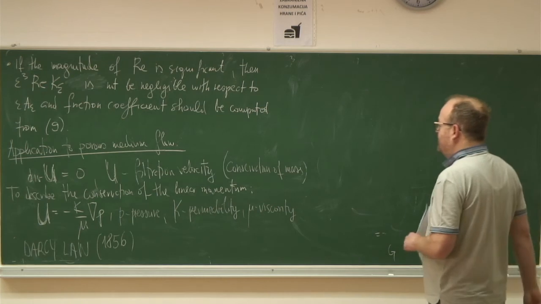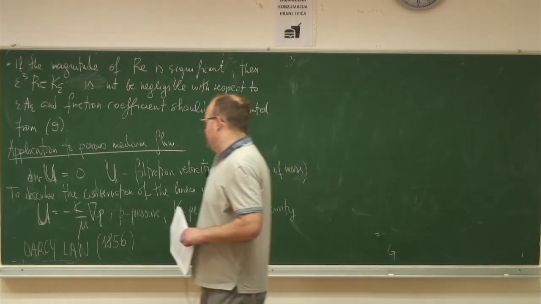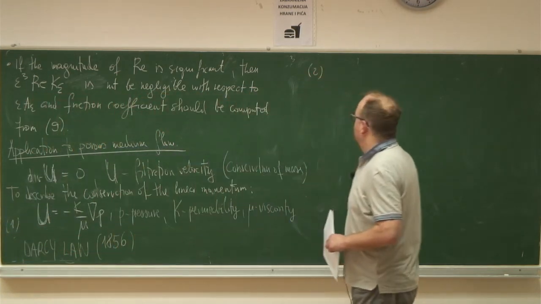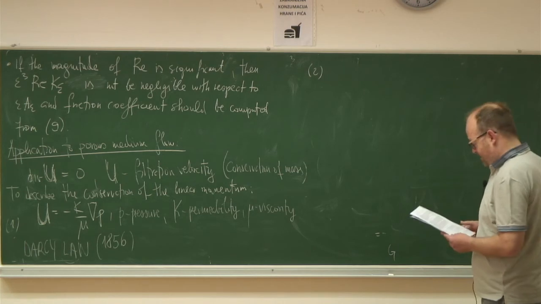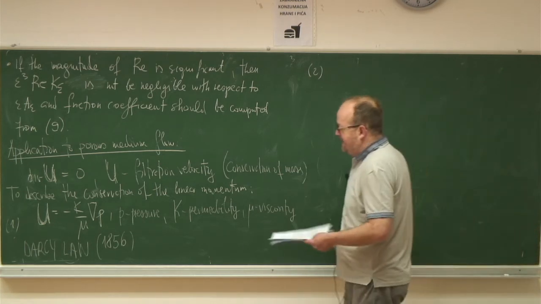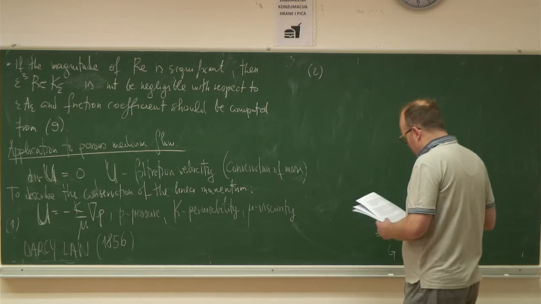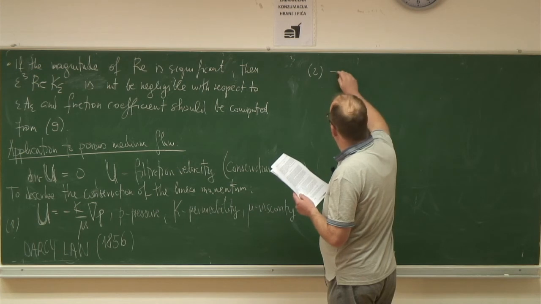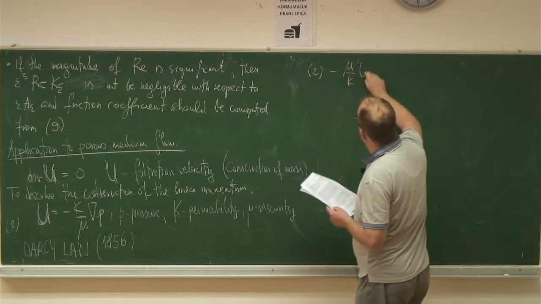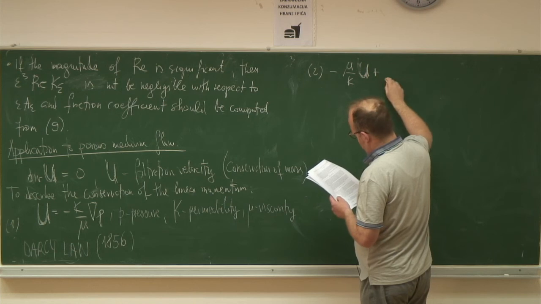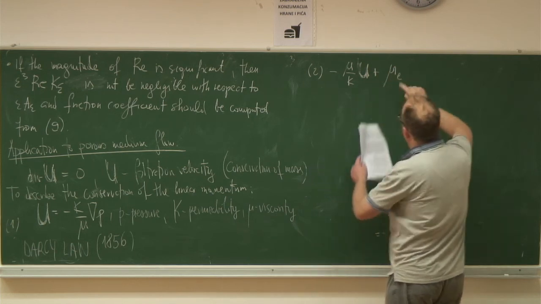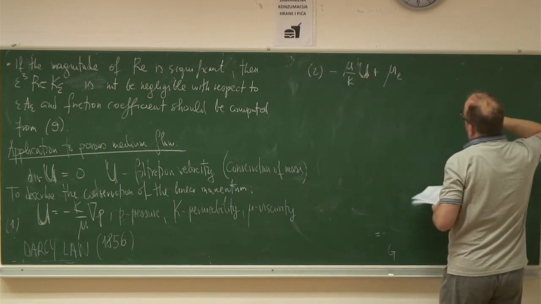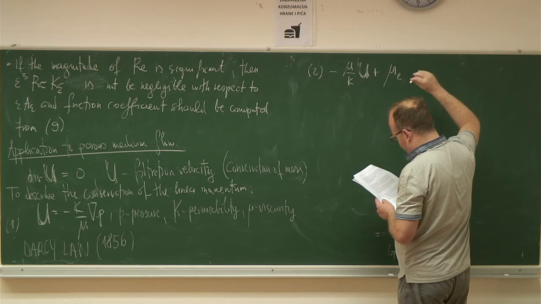Okay, now we can consider the so-called Darcy-Brinkman equation, which is of the second order, and thus it can accommodate the no-slip boundary condition. Here we have the effective viscosity, which should not be equal to the viscosity of the fluid.